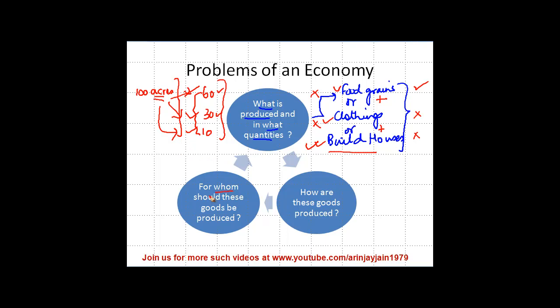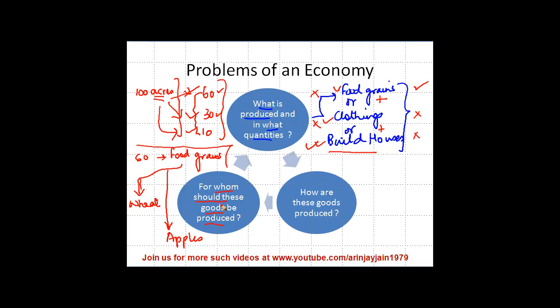Second is, for whom should these goods be produced? Okay, another important point. Let's say I use 60 acres of land to grow food grains. Now we know that, let's say you have two things, apples and wheat. The question is, for whom should these goods be produced?